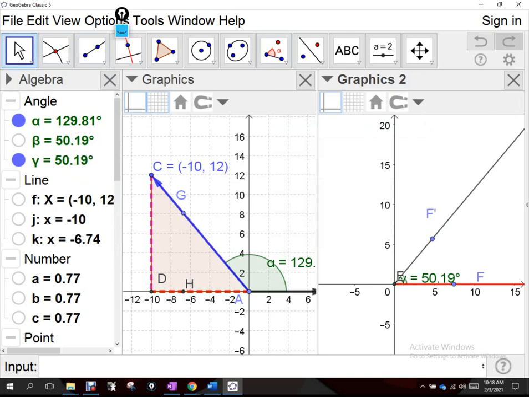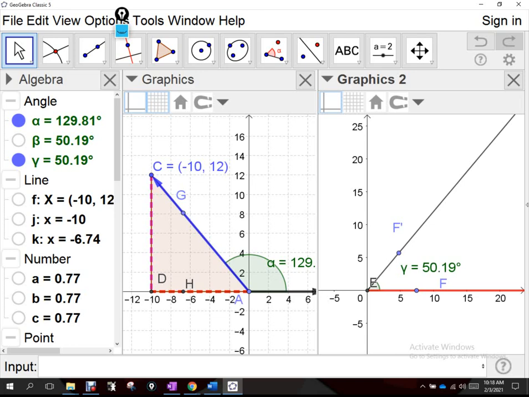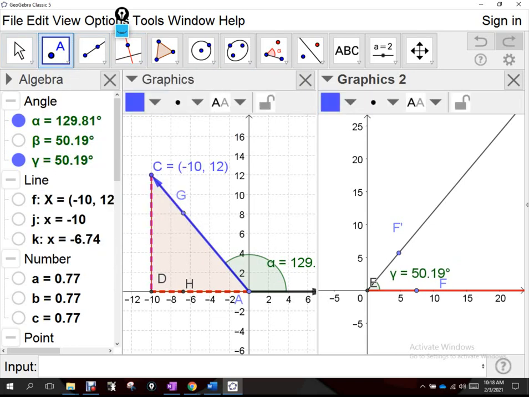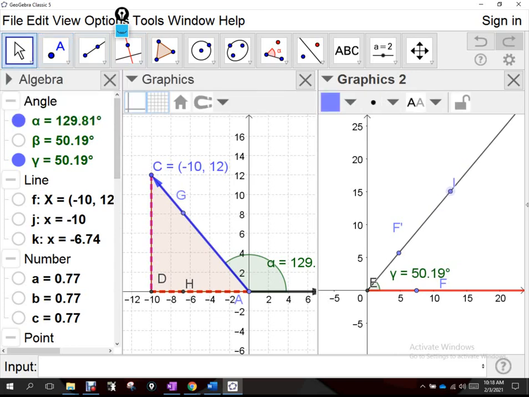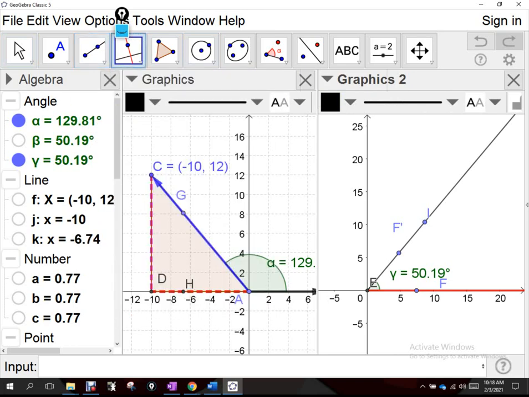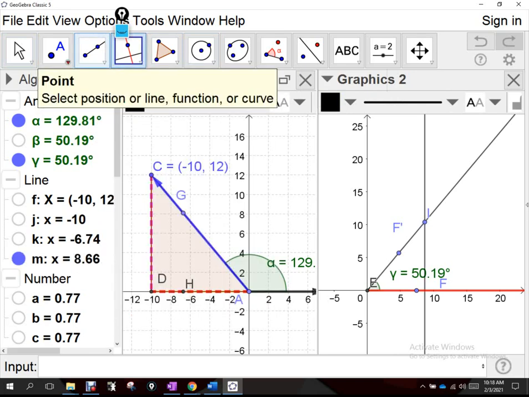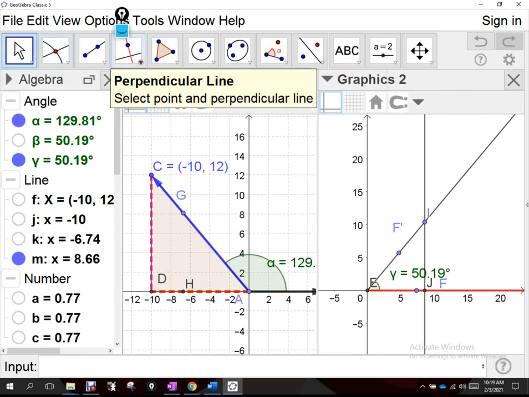Okay. So now, using the logic that we talked about before, no matter what point I choose over here, I will always end up with a right triangle, correct?